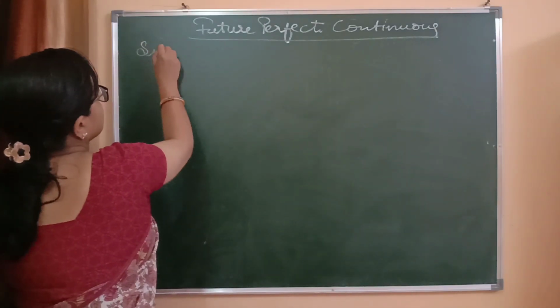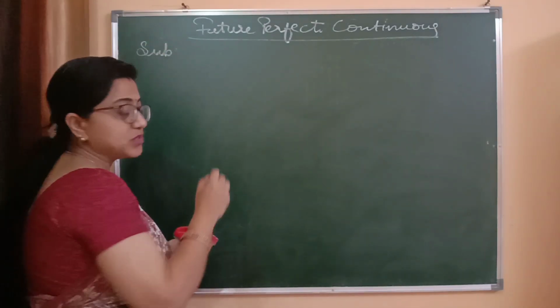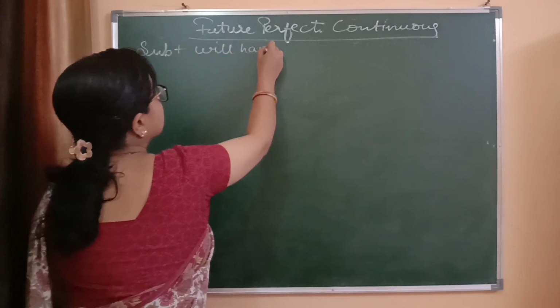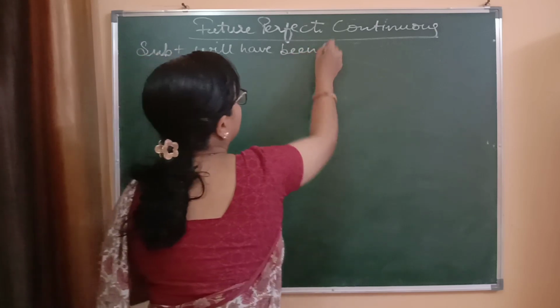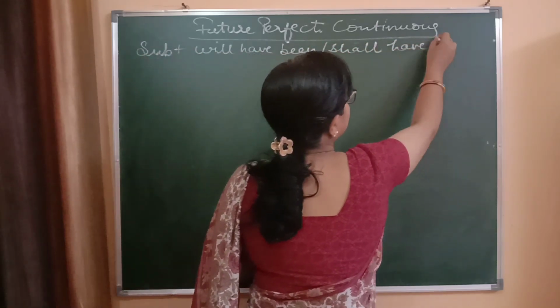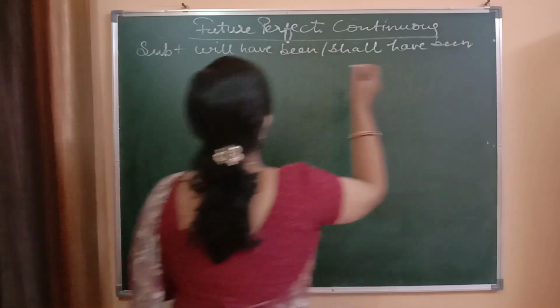Rule scheme for this: at first you have to add subject, then will have been or shall have been according to the subject, right?